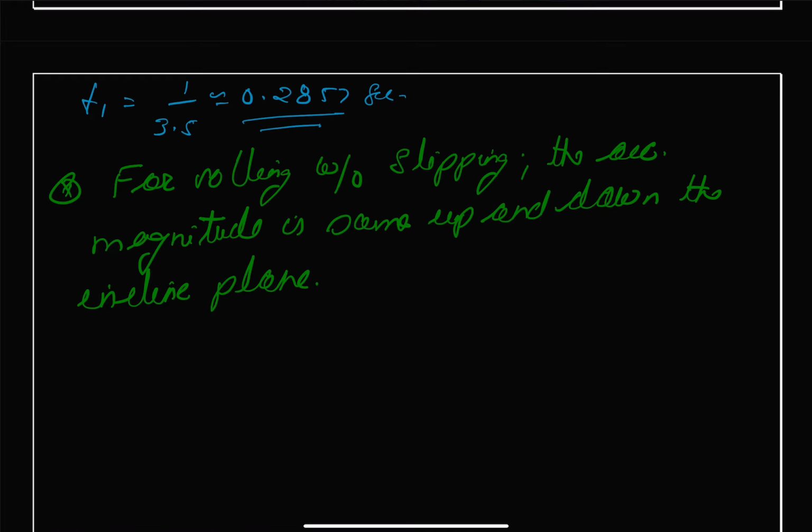Because during the pure rolling motion, whatever adjustment is to be made will be made by the friction, which is going to adjust to provide the necessary torque. Okay. So it means when it is moving down toward the point A, acceleration we calculated is as plus 3.5, and when it is moving up it will be minus 3.5. Okay.